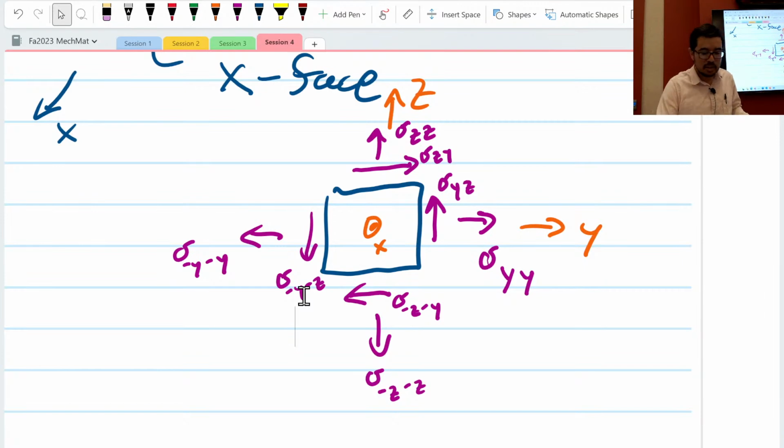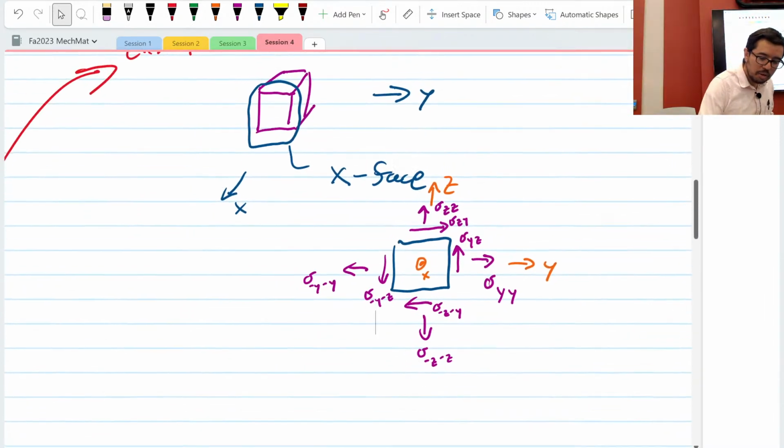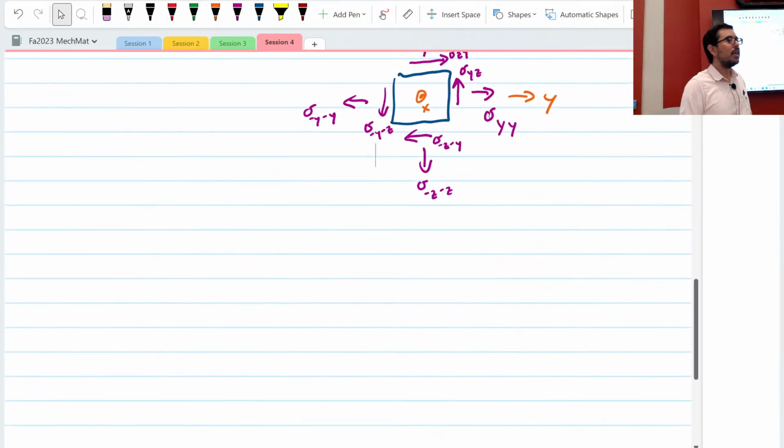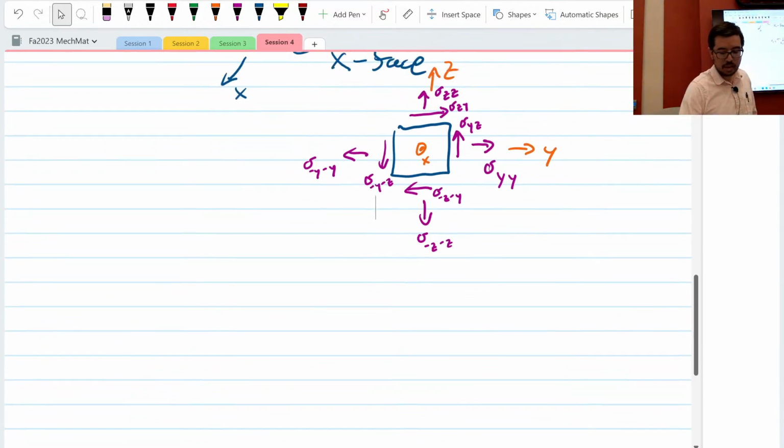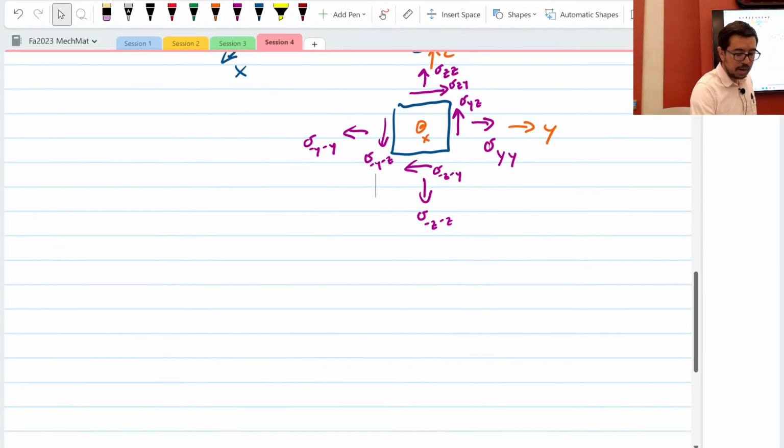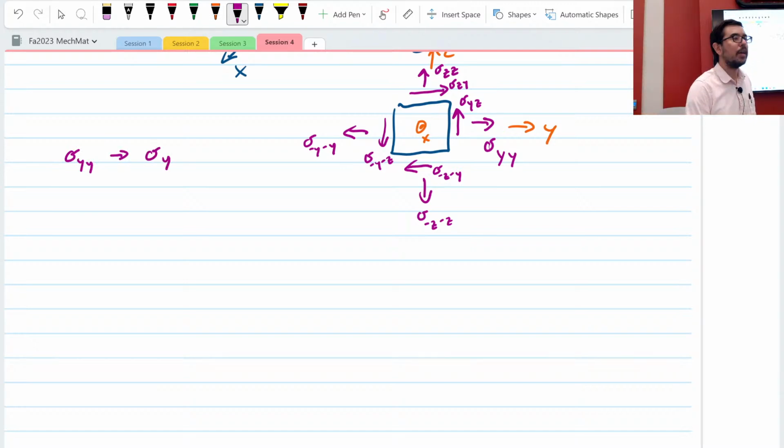Let's think about what we can do to simplify this notation. If we write out sigma y, y, it's a little bit repetitive, so a true mechanician will just write sigma y. Similarly, sigma zz can be written as sigma z.